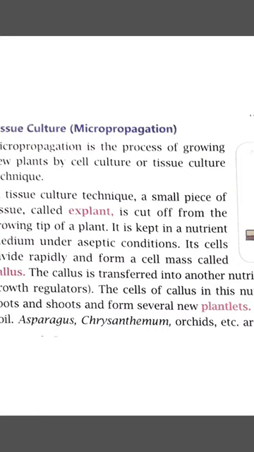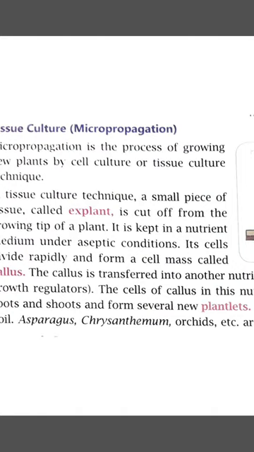It is kept in a nutrient medium under aseptic conditions. Aseptic means there will be no microorganisms. You will have to keep it in a very hygienic medium. This condition is known as aseptic. After that, its cells divide rapidly to form a mass-like structure called callus.